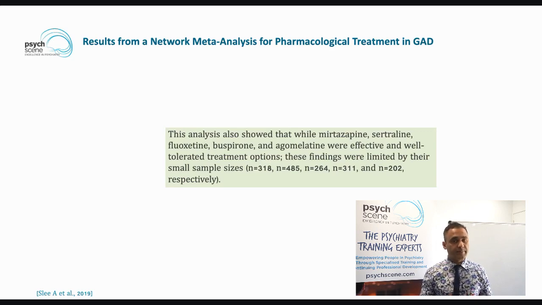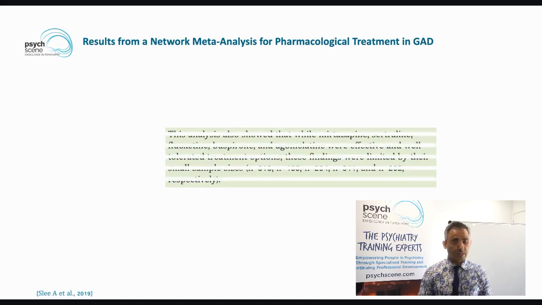But these findings were limited by their small sample sizes. Having said that, the sample sizes, as you can see, were still around the 300, 400 range. Agomelatine is a relatively new medication. You can see the N was about 202. So hopefully over time, we get a better understanding of the role of these medications and their efficacy.